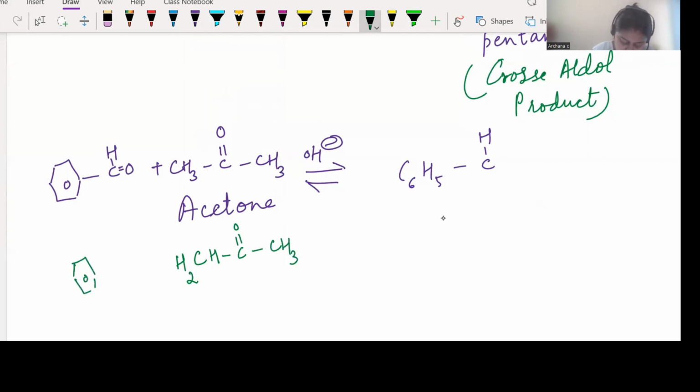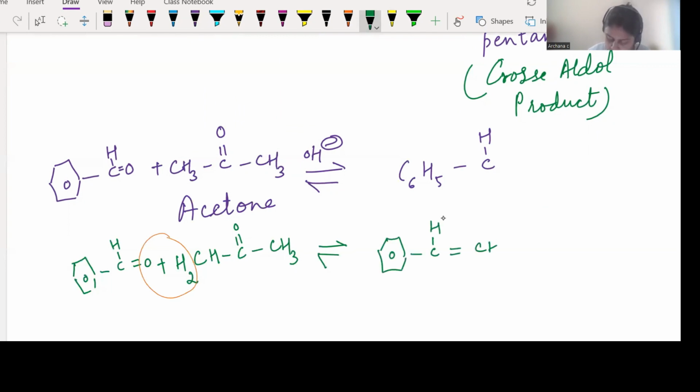And this I have is benzaldehyde. So these two molecules are there. What I can do is I can remember it like this. And finally, the product will be C6H5 CH double bond CH, C double bond O, CH3.